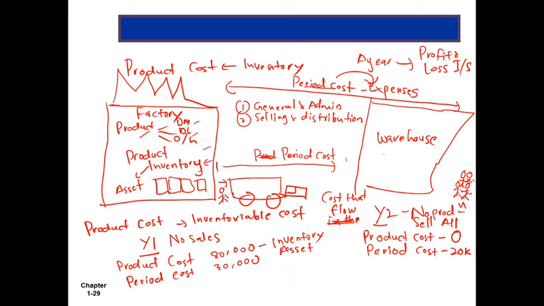Because when you don't sell your product, which is finished product, we consider it an asset, right? So if this is an asset, asset is on your debit side, and it will remain in your business.